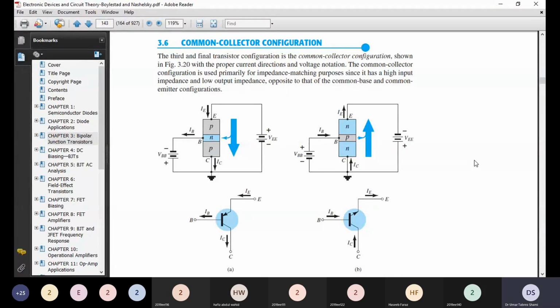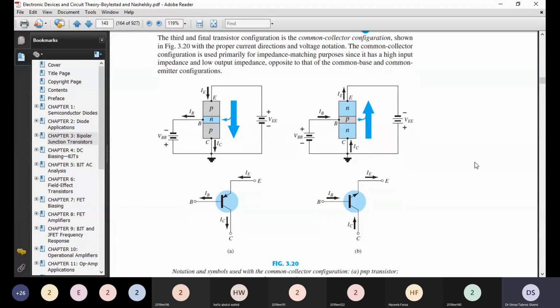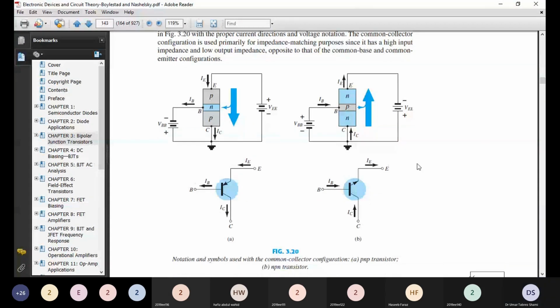Figure 3.20 demonstrates the common collector configuration for PNP case and NPN case. In the first diagram, we see a PNP transistor with common collector connection. The collector is common between the base and the emitter.